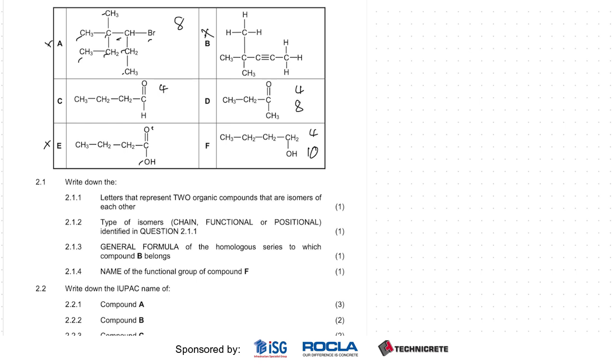What about C? 3, 5, 6, 7, 8. We also have 8. So F cannot be an isomer with anything because it has more hydrogens than D and C. Therefore, the isomers are definitely C and D. So for 2.1.1, it's C and D.